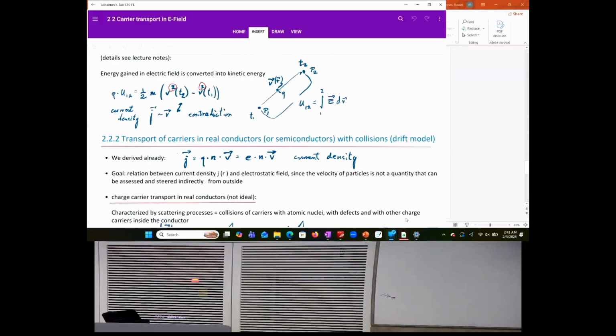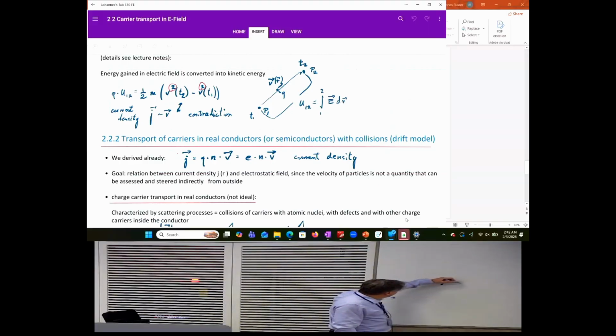And there, what you have is the drift model. The idea is that you have a whole sea of charge carriers, and some matter in which these charges are floating around.